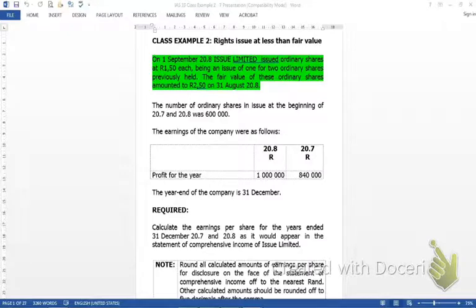Turn to class example number 2, rights issue at less than fair value. Let's just go through the information and then we can do the exercise. On 1 September 20.8, the company issued ordinary shares at R1.50 each, being an issue of 1 share for every 2 ordinary shares previously held.